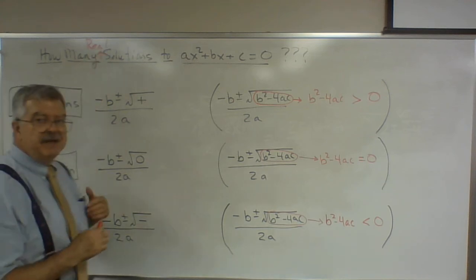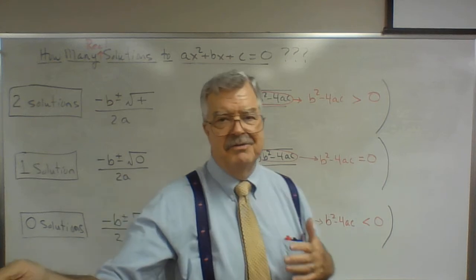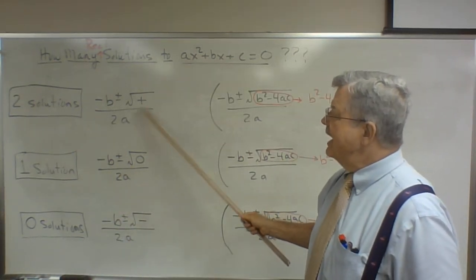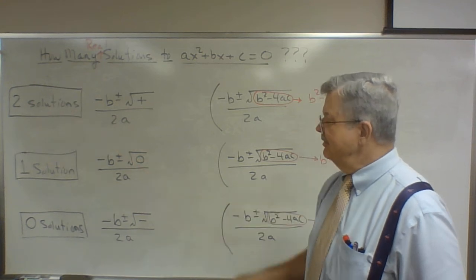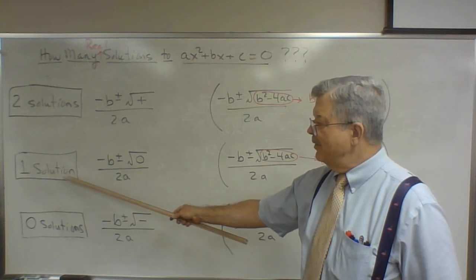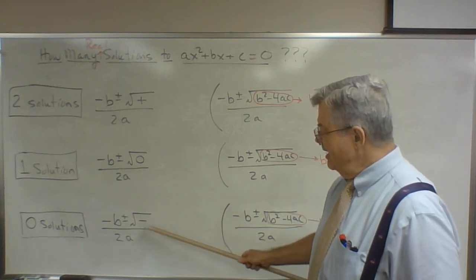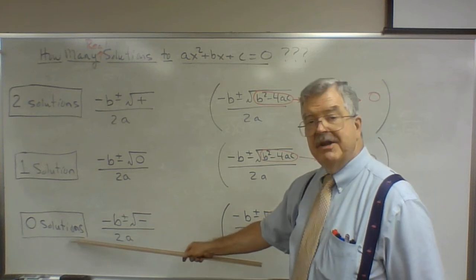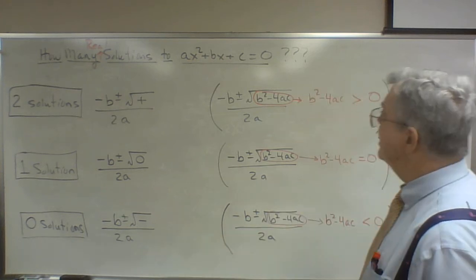How many real number solutions? If there's a positive under the radical, we get two real solutions. If there's a 0 under the radical, we get one solution. If there's a negative under the radical, we get 0 solutions.